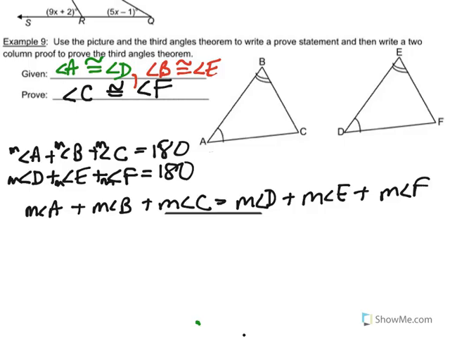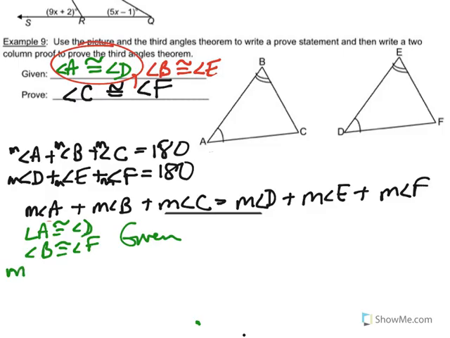Now let's use our givens. We can say the measurement of angle D is equal to the measurement of angle A. We know that by, oh wait, I should write the givens first. Let's say angle A is congruent to angle D, angle B is congruent to angle E, so those are givens.